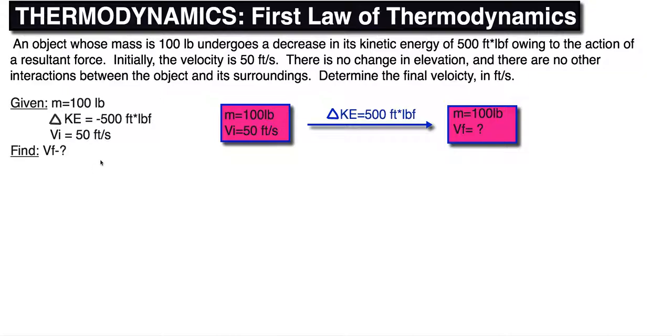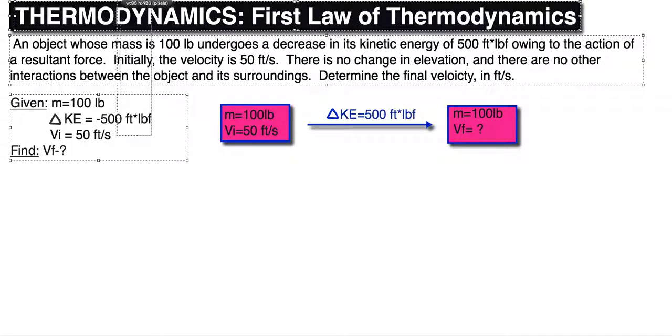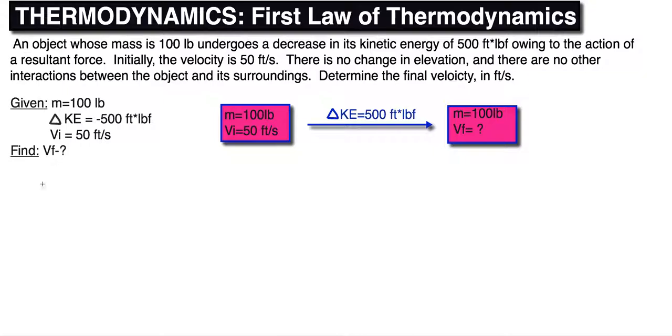So first we need to remember what the formula for kinetic energy is. The formula for kinetic energy is delta KE equals 1/2 times mass times the difference of squares between the final velocity and the initial velocity.